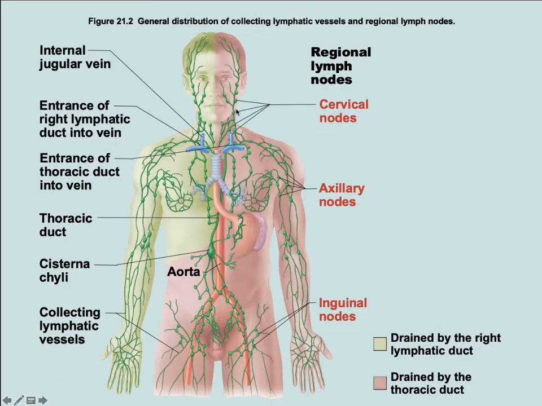Okay, so your cervical lymph nodes are located in the neck. You can feel for them along the sternocleidomastoid muscle. Okay. And then the axillary nodes, they are located in the armpit. The inguinal nodes in the inguinal region. And so you can feel for them clinically. These are things that we check for regularly on clinical exam.